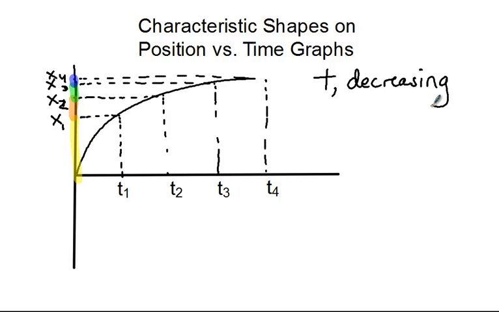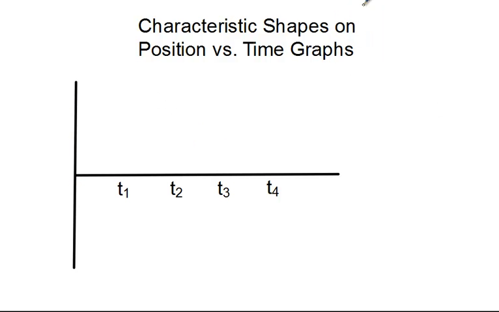All right, just 2 more shapes, and we'll finish up here. And these 2 are a little more difficult because now we're changing direction. We're coming back the other way. The first one we're going to look at is a shape that looks like the mirror image of that humpback. Our object is going to start up here at x0.